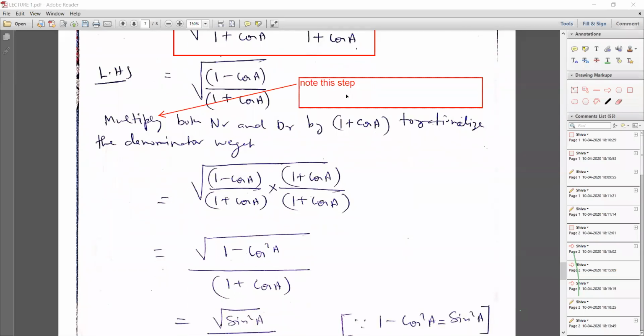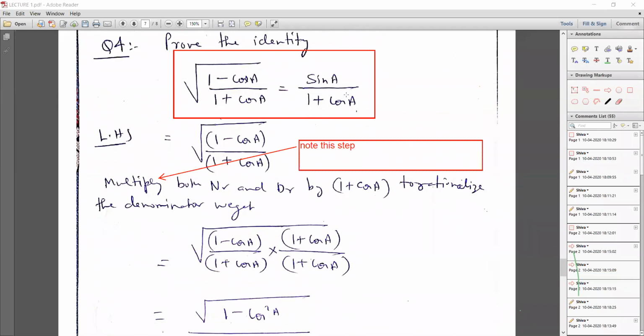1 minus cos A. But in this case especially, I am already observing that on the right hand side it is already given 1 plus cos A. So I will not multiply by the conjugate. Here I am multiplying by 1 plus cos A instead of rationalizing the denominator.